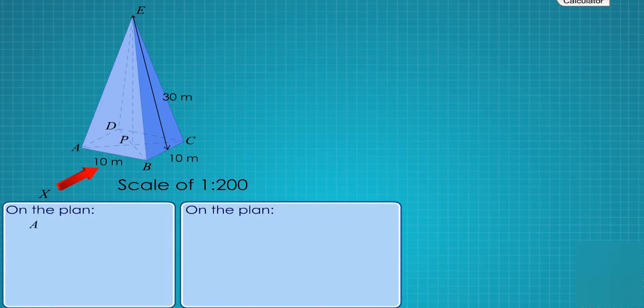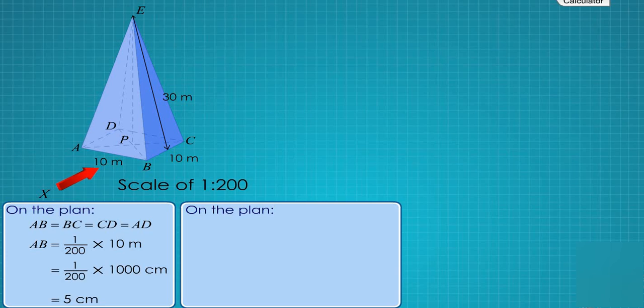We know AB equals BC equals CD equals AD, which is 10 meters. So, 1 over 200 times 10 meters is equal to 1 over 200 times 1000 centimeters. Therefore, the length for each side of the base is 5 centimeters.